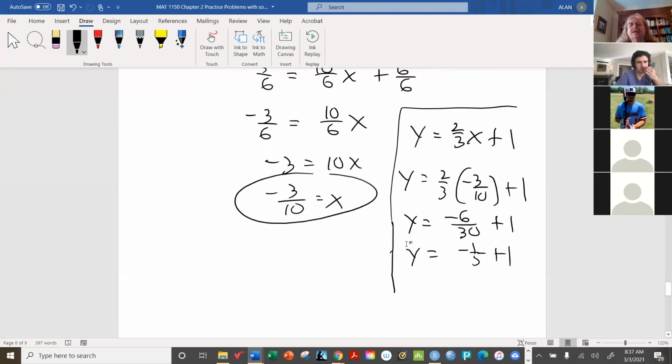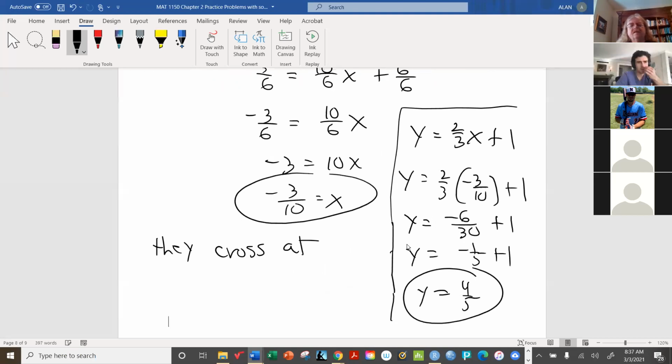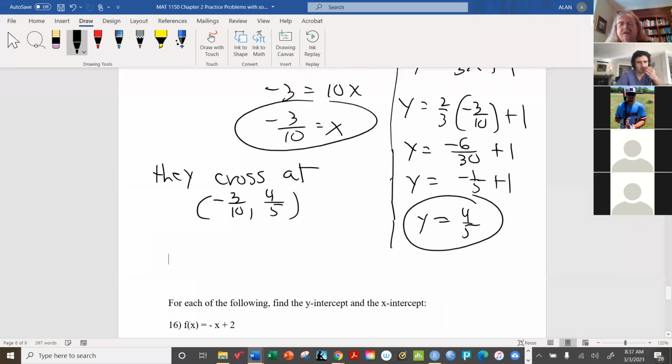So y equals 4/5, and they cross at the point (-3/10, 4/5).